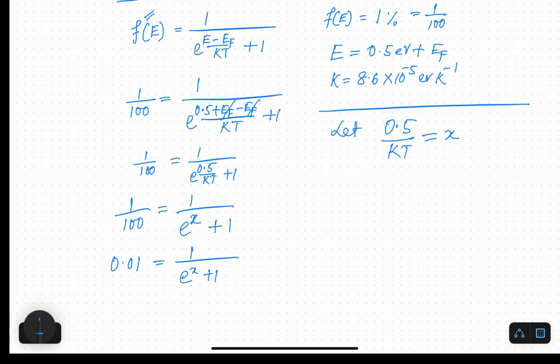From here I can write e to the power of x into 0.01 plus 0.01 equals 1, or e to the power of x equals (1 minus 0.01) divided by 0.01, which gives 99.